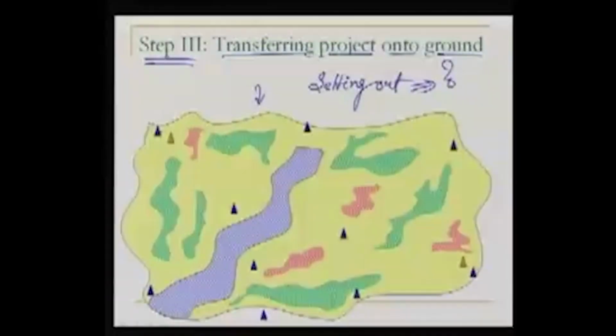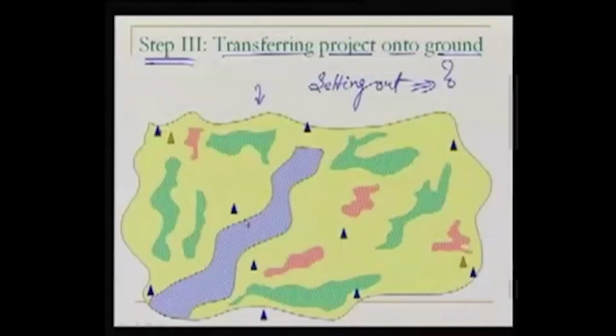The ground will have only our control stations which we had marked earlier, and when we fix these, we fix them in such a way that they will stay there for longer periods. So after 2 months of surveying, when we visited this area, still the control stations are there.